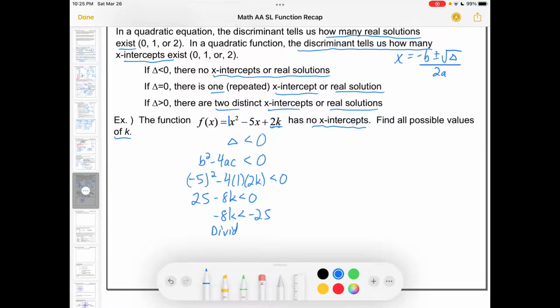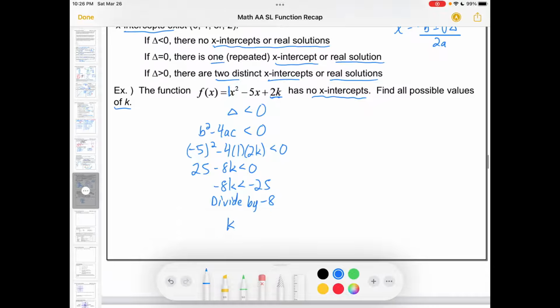Divide by negative 8. And in an inequality, if you multiply or divide by a negative number on both sides, then the direction of the inequality changes. So we get k is greater than 25 over 8.